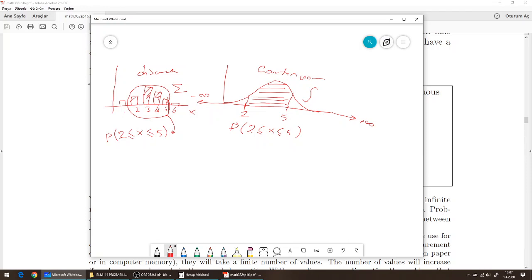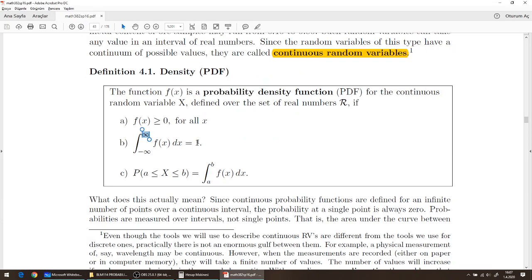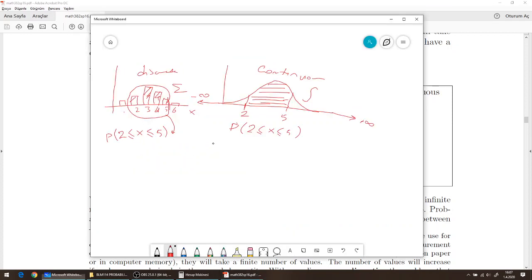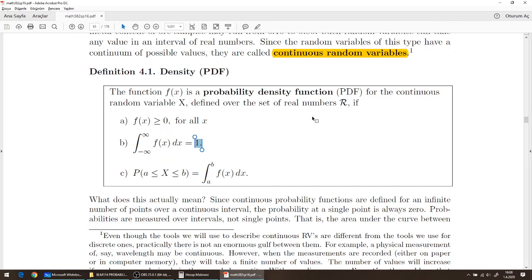The area under the curve must be equal to 1, as you see here. The whole area under the curve, let's draw it with blue, from minus infinity to plus infinity, f of x dx must be equal to 1. The whole area must be equal to 1.